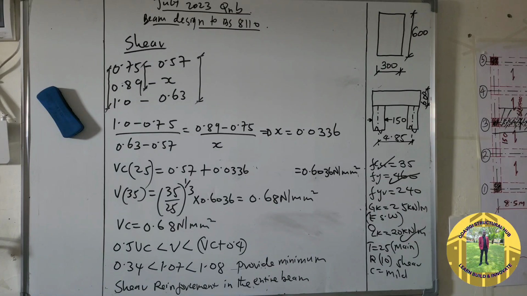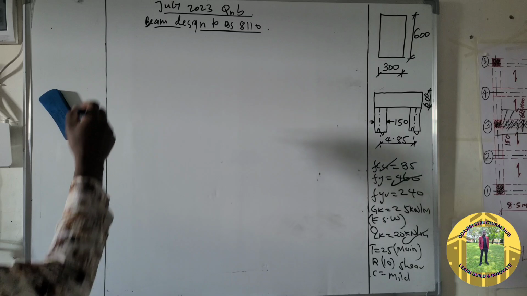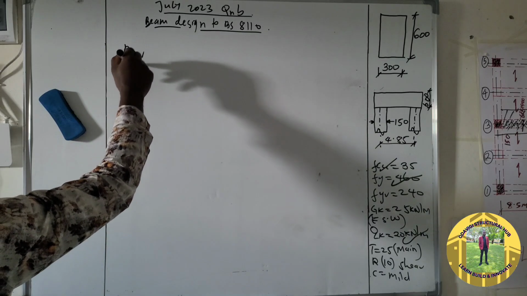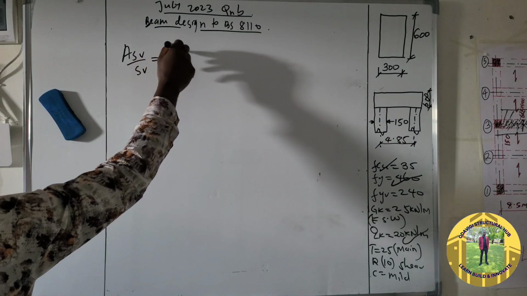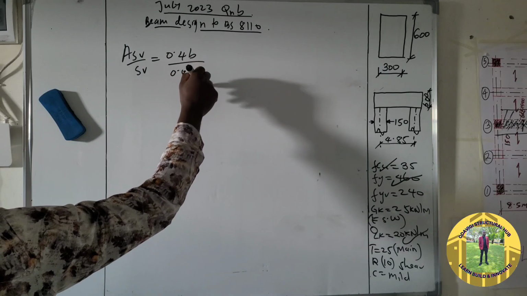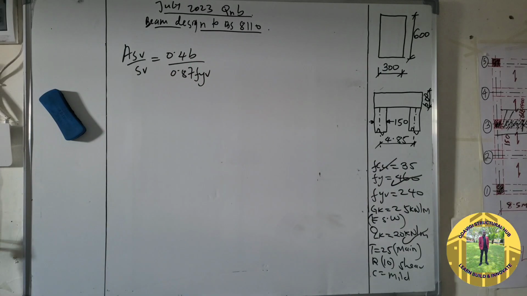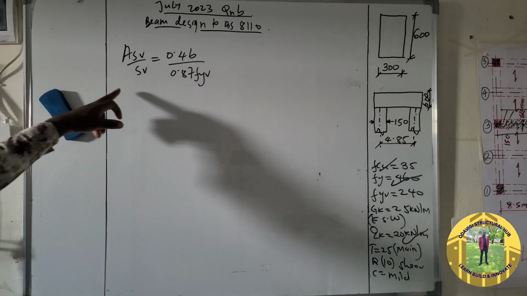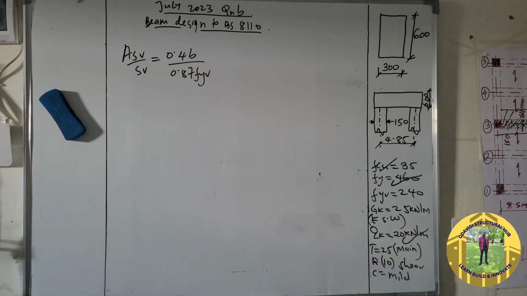So let's now calculate the spacing and the area of the shear reinforcement. So use this equation to get the value which will give you the area of the reinforcement of the link and the spacing.